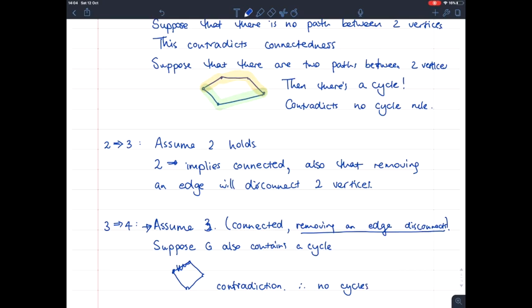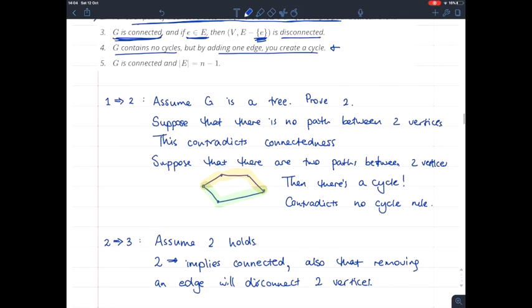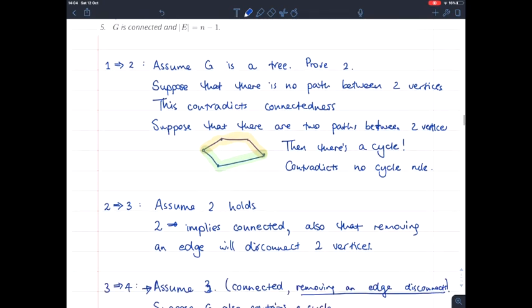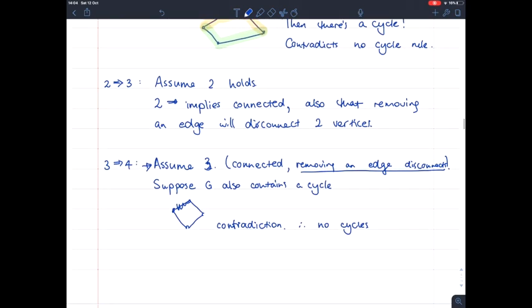So now we want to show that if G is connected, but removing one edge means we're disconnected, then by adding one edge you create a cycle. Well, suppose you don't create a cycle.